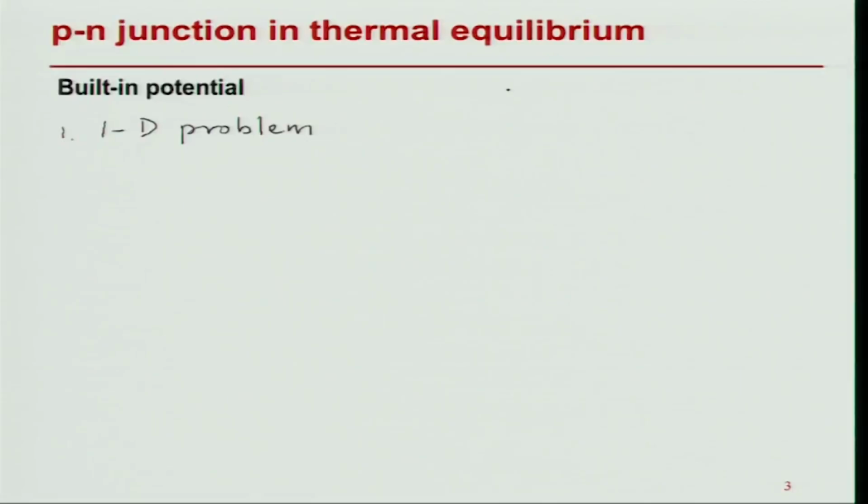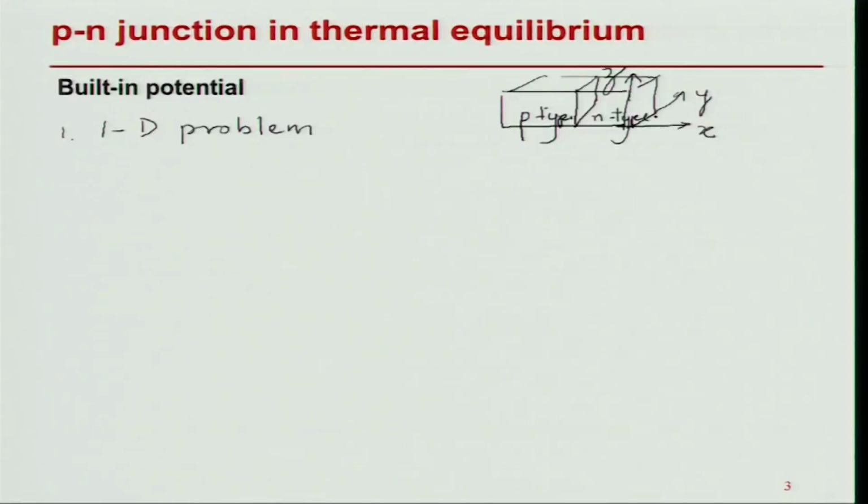And by this I mean, when I say a PN junction, it may have all the three dimensions, where this is the P type semiconductor and this is the N type. And I am basically going to study in the x dimension where we have the junction occurring.